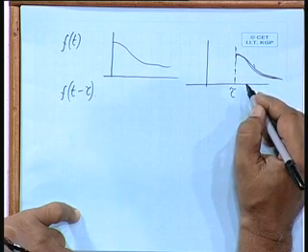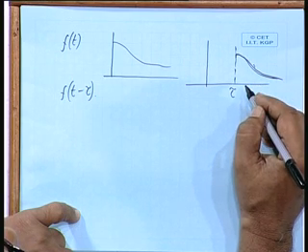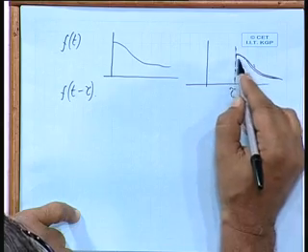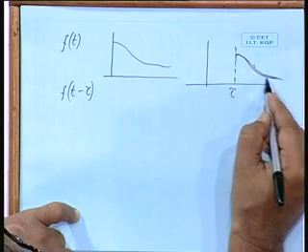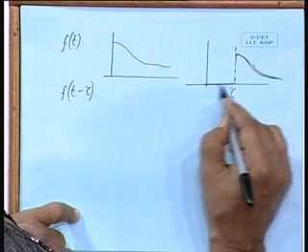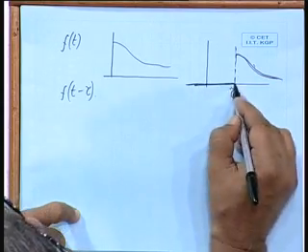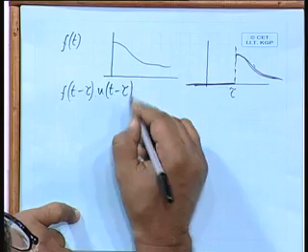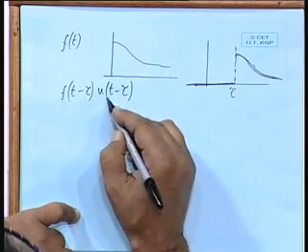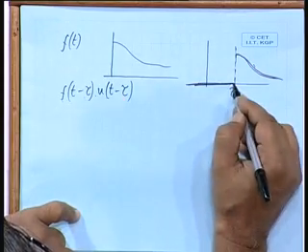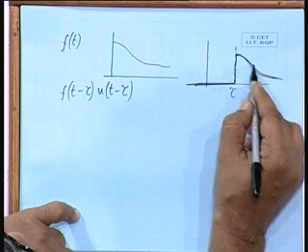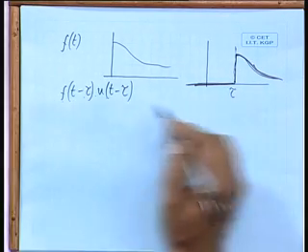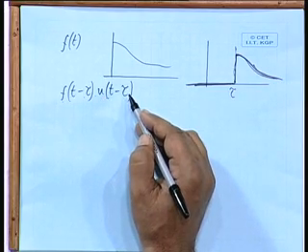F t minus tau, does it represent this? F t minus tau represents this function on this side, all right, but what about this value? I want to show that this is 0 till that time. So, this has to be multiplied by u t minus tau. So, f t minus tau into u t minus tau represents this function. Okay. So, there is a finite delay of tau.